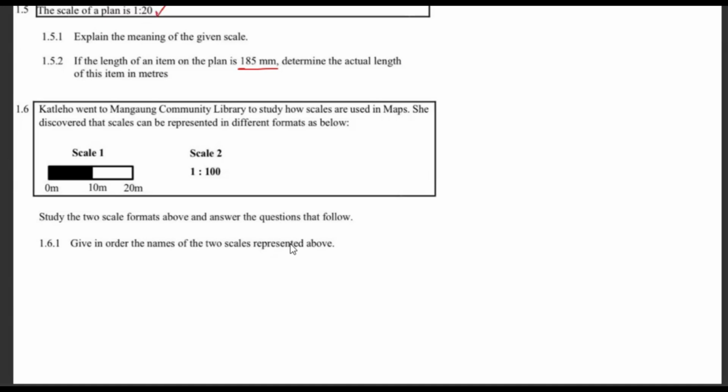So we're going to use the scale here. We say actual length. We shall say 1:20. The length on the plan is this much, so it comes this side because it's on the map paper. This is real life.